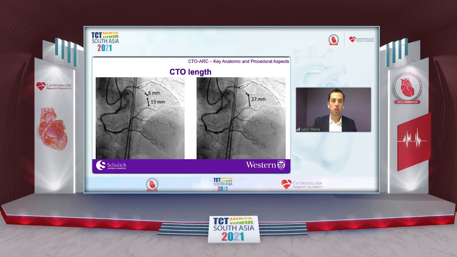We all know that 2 CTOs in the same vessel are usually one of the most difficult scenarios that we can face in a CTO PCI. So it would not be fair to compare 2 short CTOs with a single CTO in studies or registries.